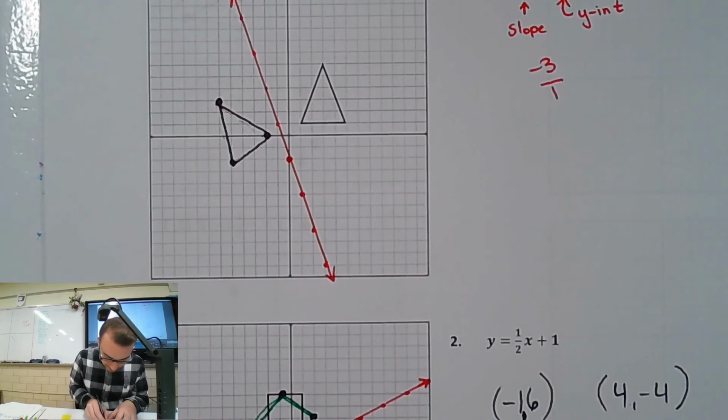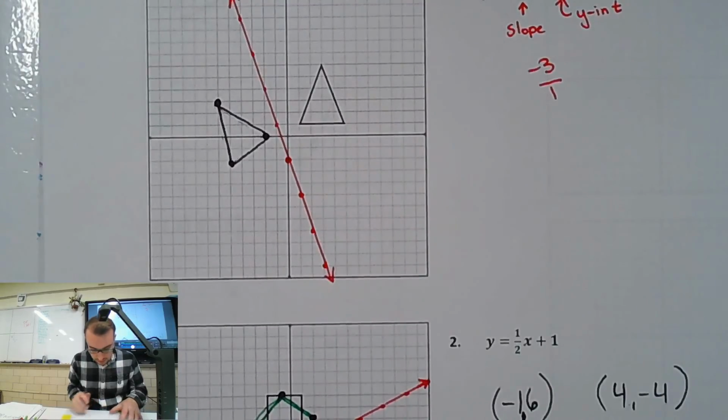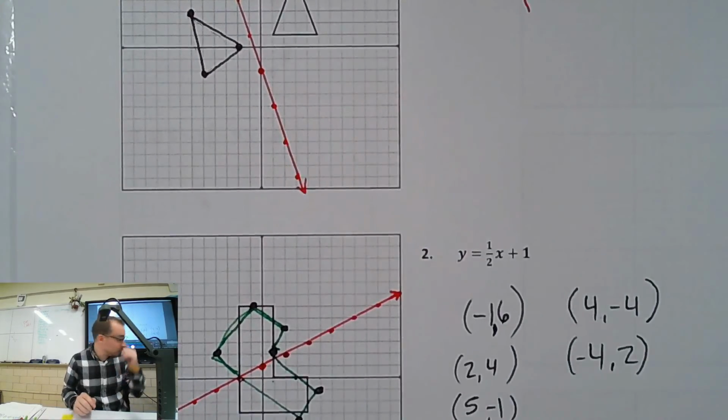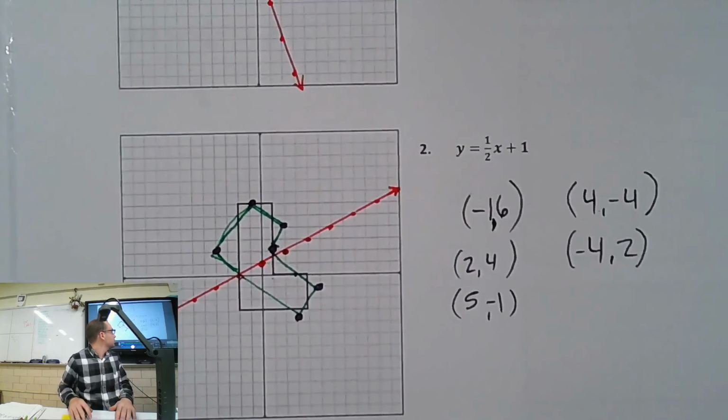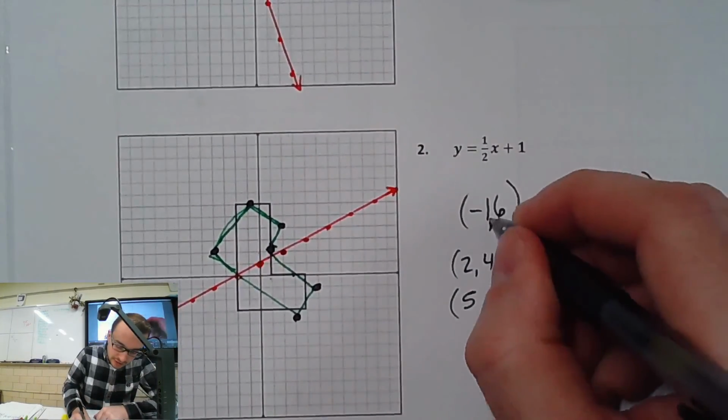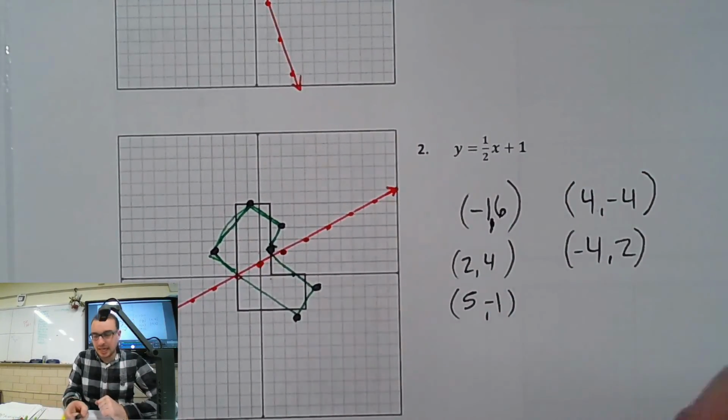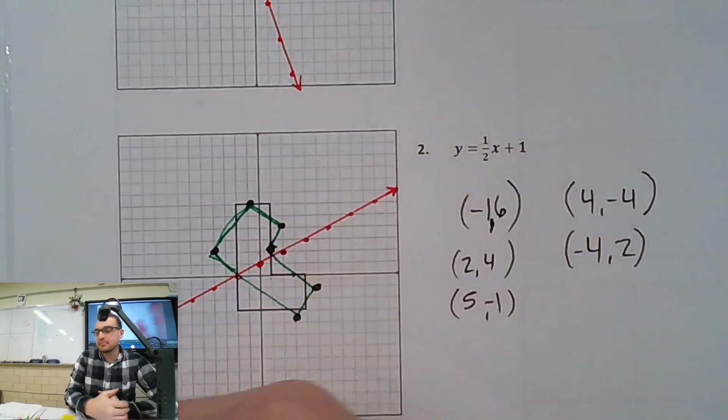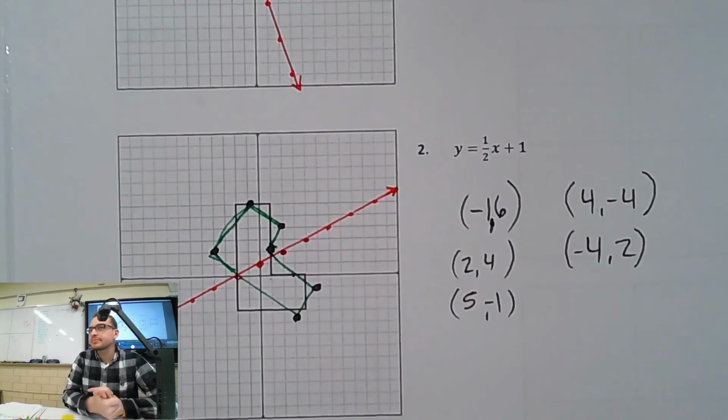And -4, 2 is what I got, if I'm reading this correctly. Yeah, it's -1 comma 6, sorry. Yeah, I understand that. Those are the points I got. I'm not grading it, so don't worry about it. Write it down anyway, I suppose.